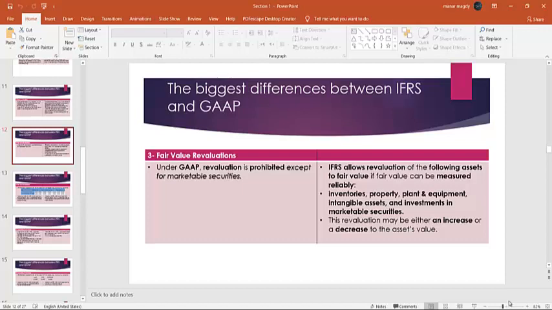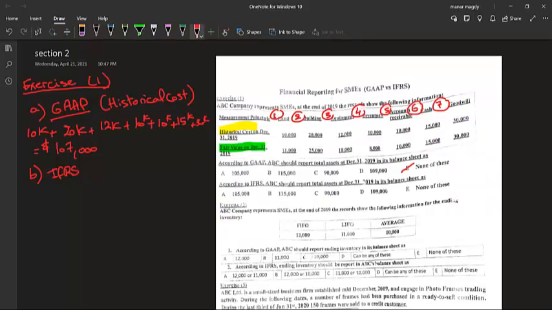These items were inventory, property, plant and equipment, intangible assets, and investment in marketable securities. So here we have land and building, equipment, inventory. All of these are items that can be revalued to fair value. Accounts receivable and cash, we're not going to revalue them.